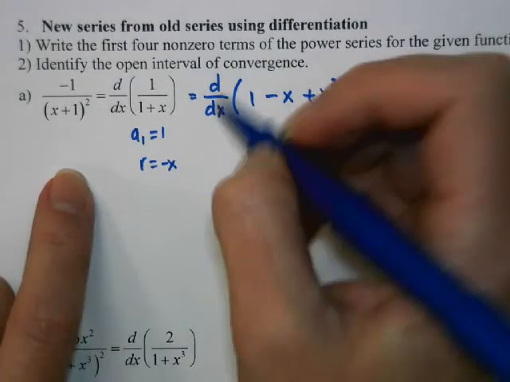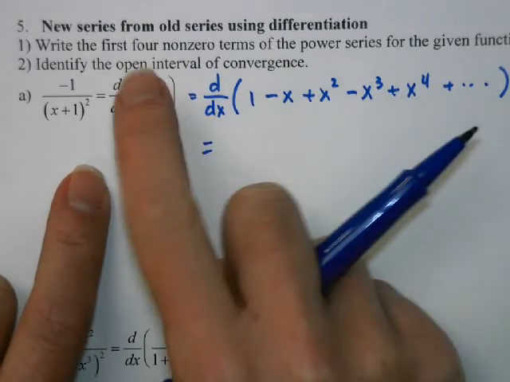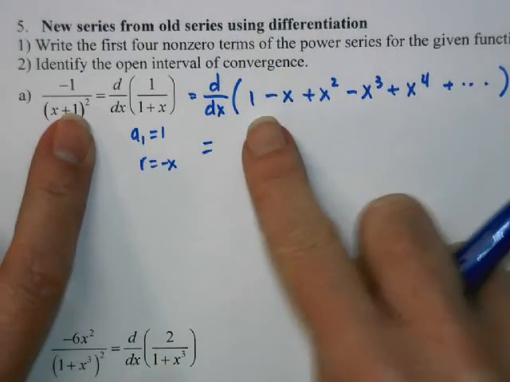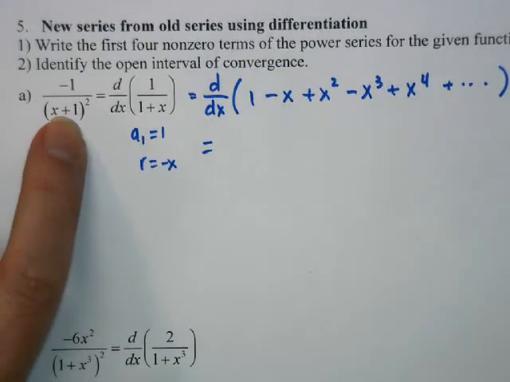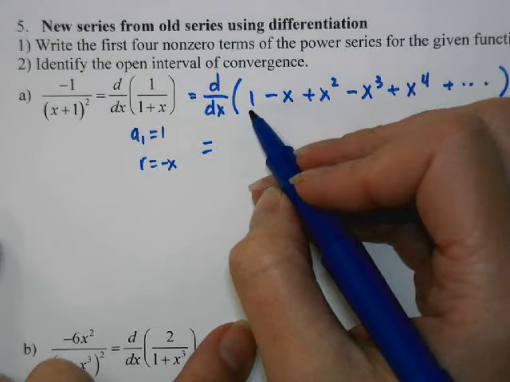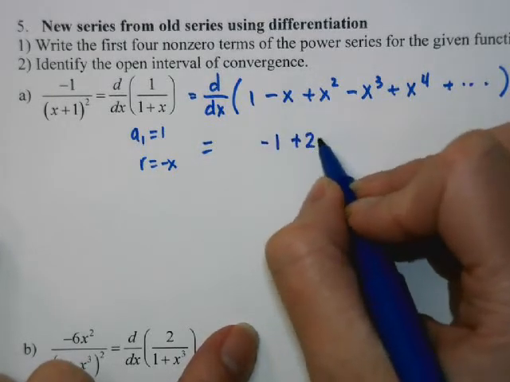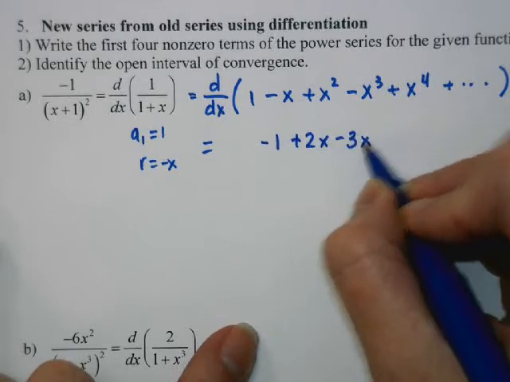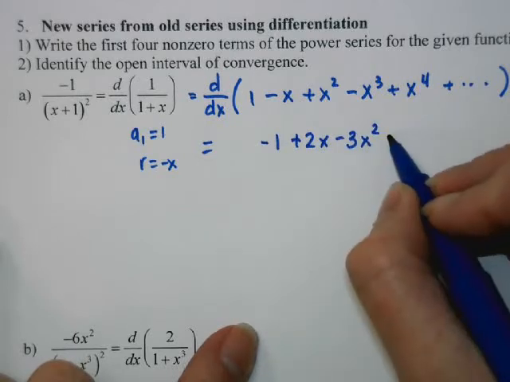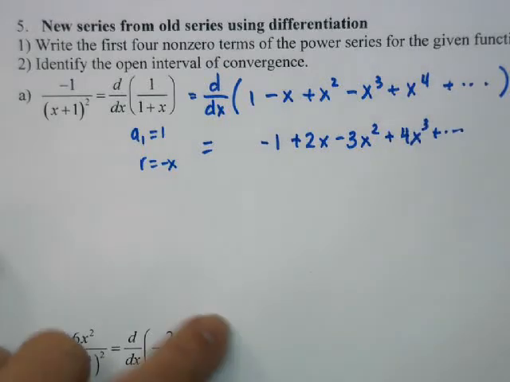Then I'm going to take the derivative. If I take the derivative of this, I get this, in series form. The derivative of 1 is 0, so we're going to end up with -1 plus 2x minus 3x squared plus 4x cubed, and so on.